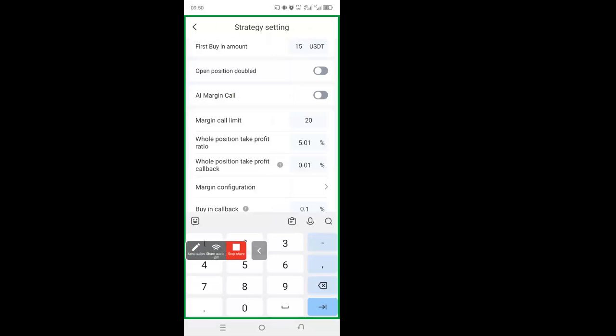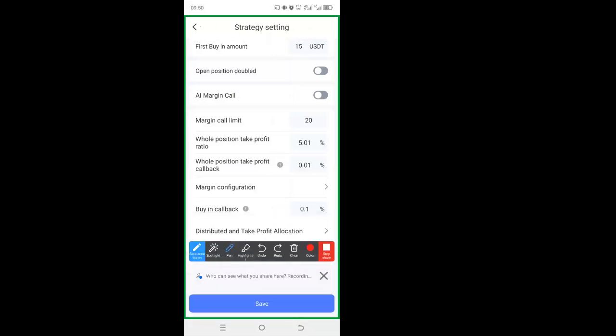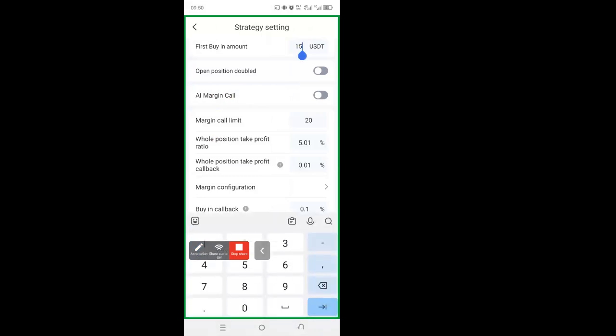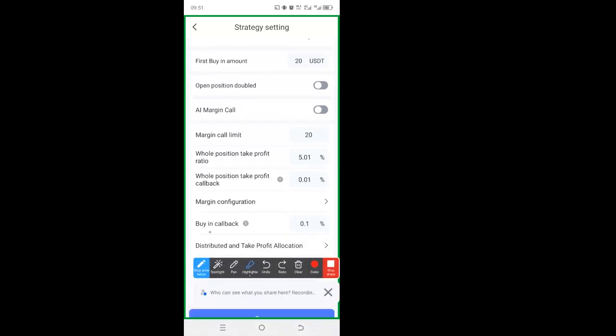Now you calculate using this: 15, which is the first buying amount, times the margin call limit, which is 20. What is the answer? Or someone can say, I still want to use 20 here. You say 20, which is your first buying amount, times the margin call, which is 20. It brings us still to 400.